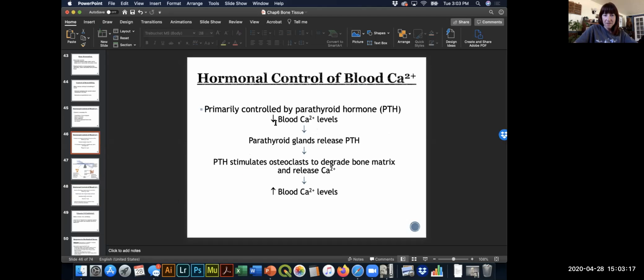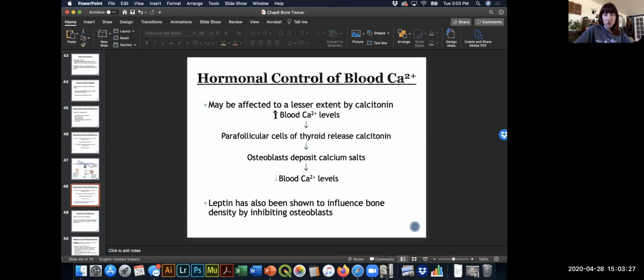If you have not enough, then you're going to stimulate your osteoclasts to pull calcium out of your bone to put into your blood. And if you have too much, then you are going to activate your osteoblasts to deposit calcium salts into your bone to bring that blood calcium level down. Okay?